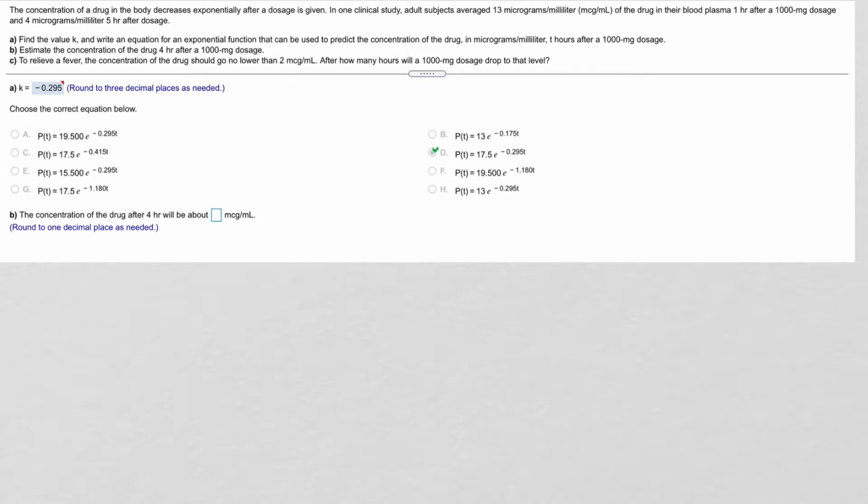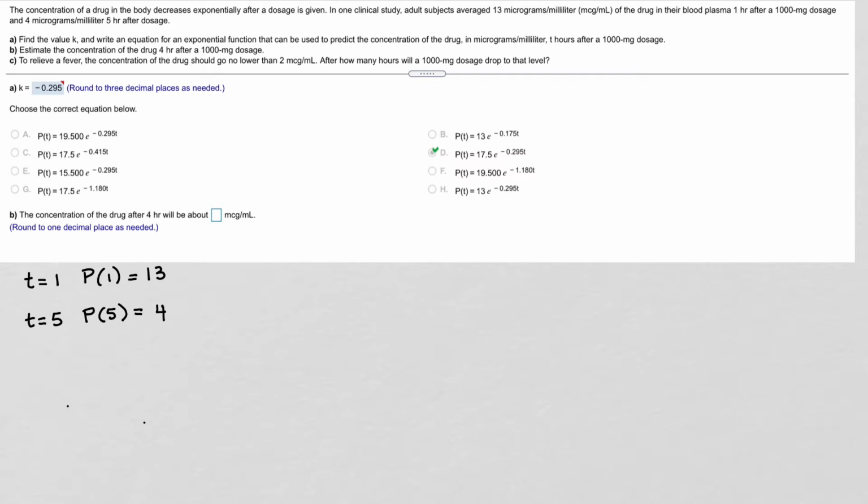So they gave us two scenarios. They gave us what is happening at t equals 1 hour. Then we have P of 1 is equal to 13 micrograms per milliliter. And then they told us that when t is equal to 5, after 5 hours, the amount of drug is 4 micrograms per milliliter.